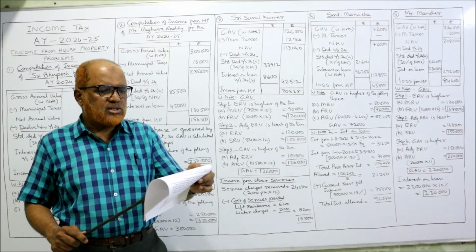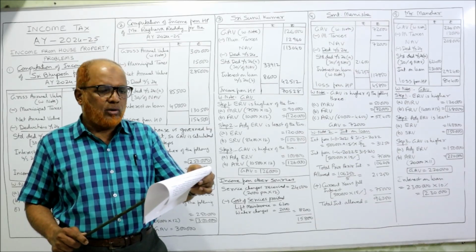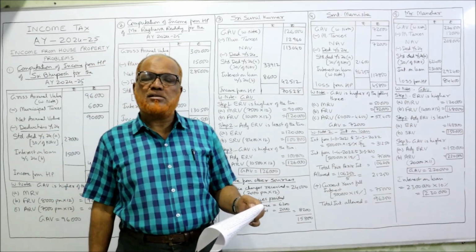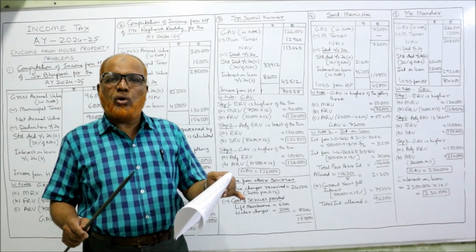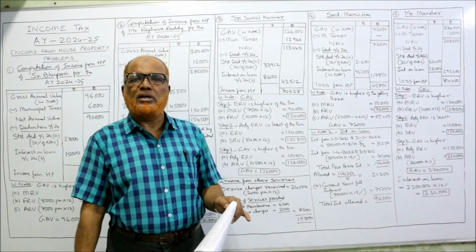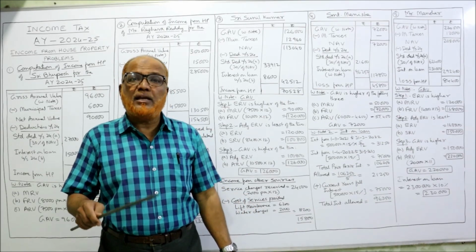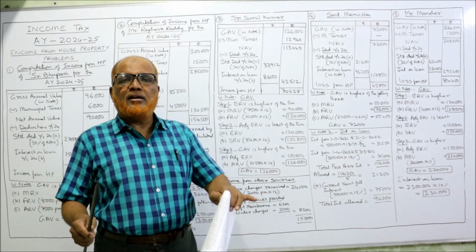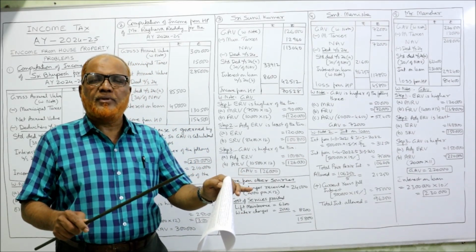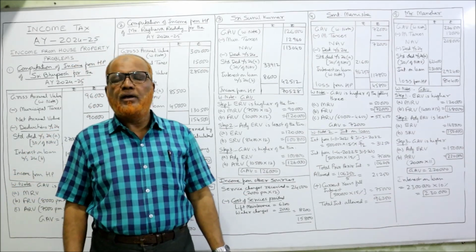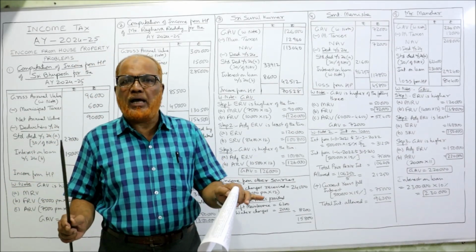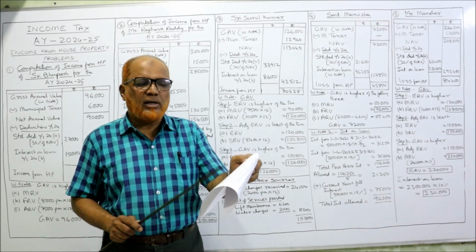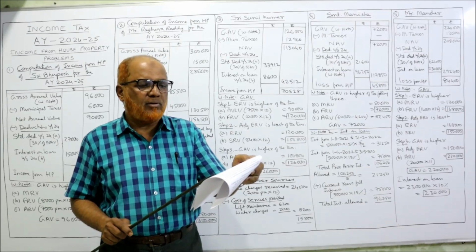Interest on loan taken to construct the house 9,600 allowed, including the penal interest 1,000. Again, Income Tax Act says interest on loan will be allowed as deduction under section 24B, but any penal interest comes from penalty interest. When interest is not paid on time, some penalty will be levied. That penalty interest is not allowed. So out of 9,600, 1,000 is not allowed. Only 8,600 will be allowed.